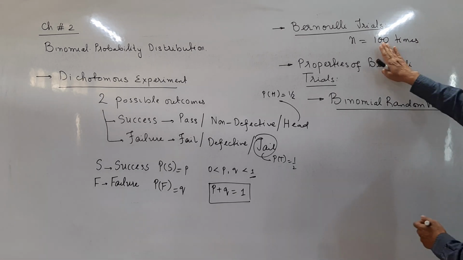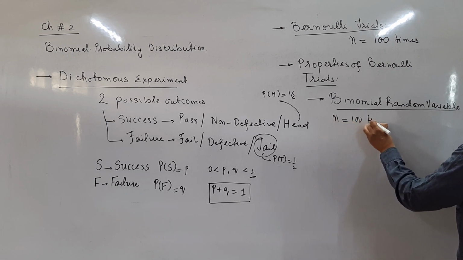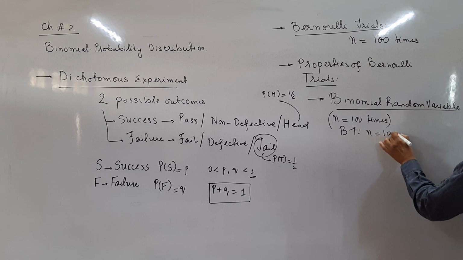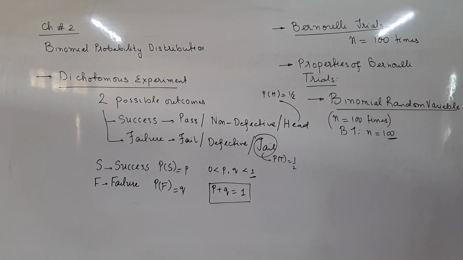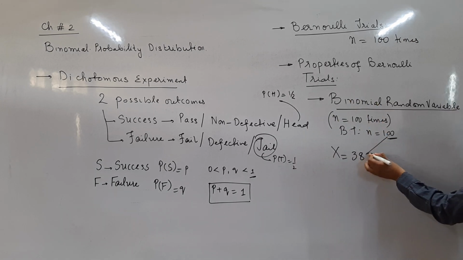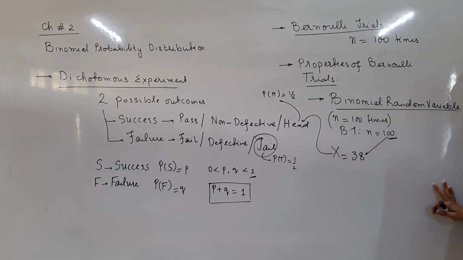Say we have performed a dichotomous experiment of tossing a coin n is equal to 100 times. So the number of Bernoulli trials is n is equal to 100. Now students, of these 100 times, we have got success x times, say x is equal to 38. So of these 100 trials, 38 times I have got a head, which is success. So 100 minus 38, 62 times I will have got a tail. Suppose a dichotomous random experiment is conducted n times.